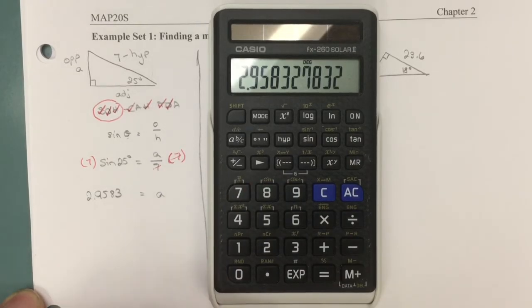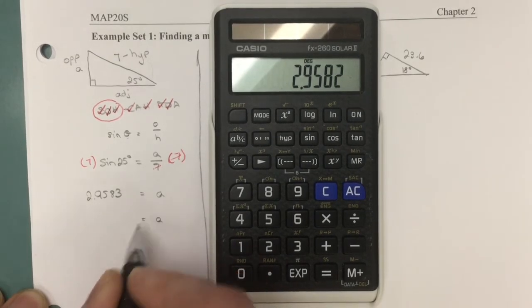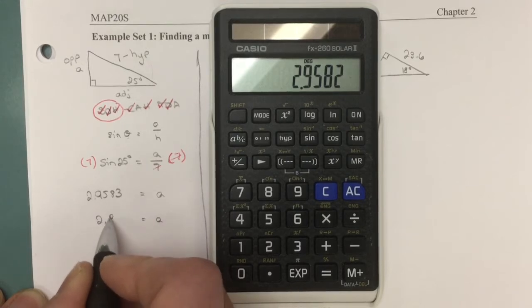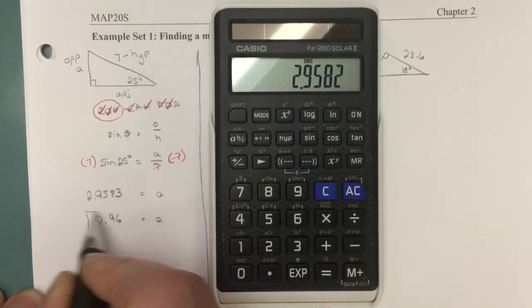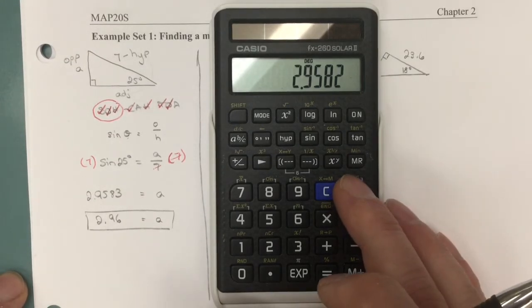And if you have difficulties with it, make sure to let me know so that I can help you out with it. And so our final answer is going to be 2.96 units. Two decimal places for the final answer, unless I tell you to round it to a different decimal place.